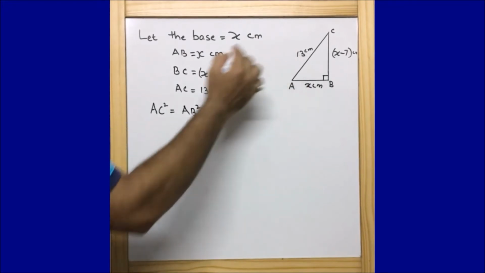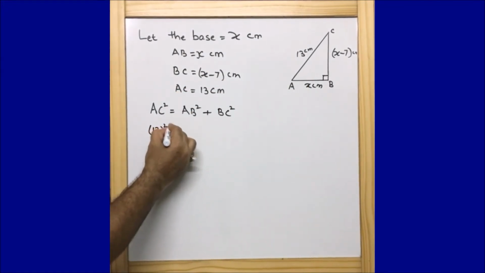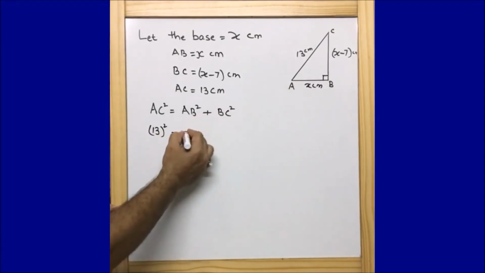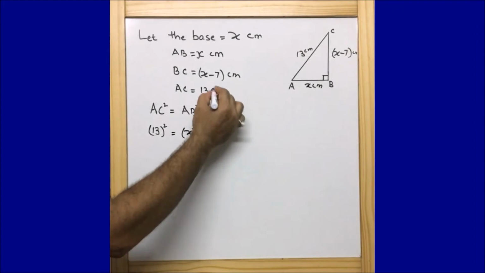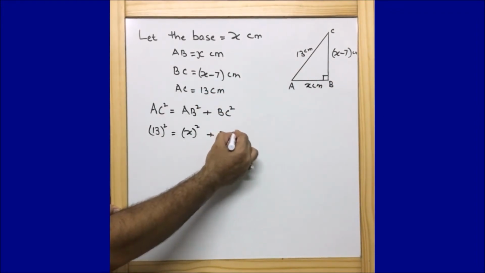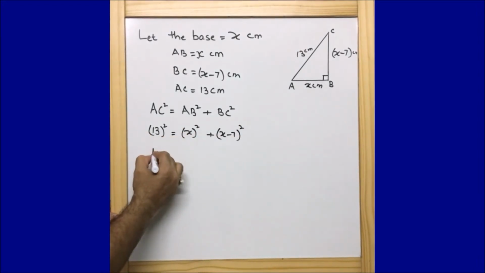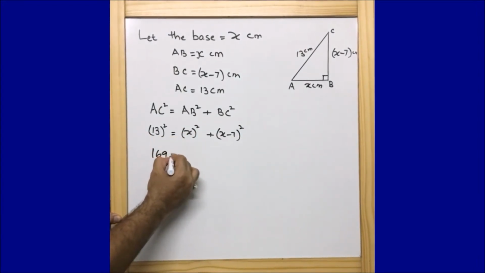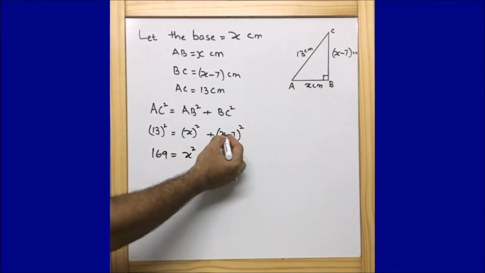Or I can write AC square as 13 square is equal to AB square, which is x square, plus BC square, that is x minus 7 whole square. Or I can write 13 square as 169 is equal to x square plus, this is (a minus b) whole square.